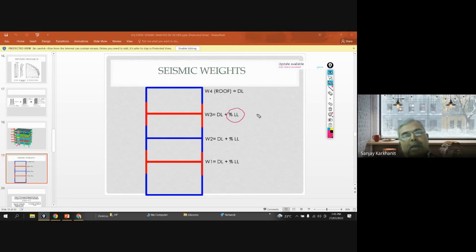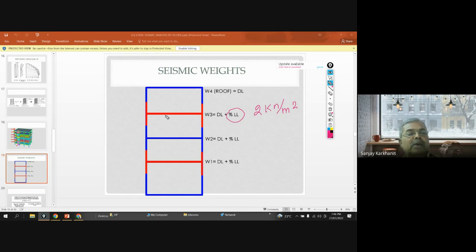See, if you are considering 2 kilonewton per square meter as your live load intensity, okay. So this 2 kilonewton on every floor, the chances of this having a maximum of 2 kilonewton per square meter is rare.